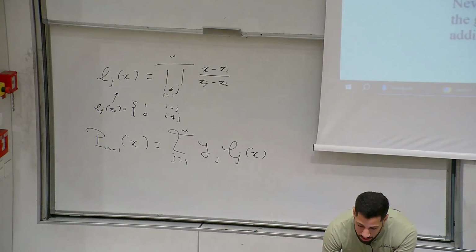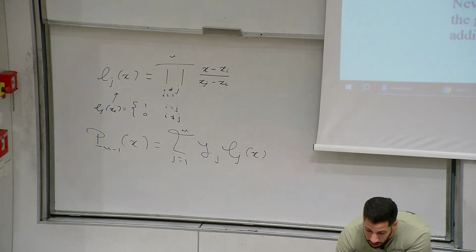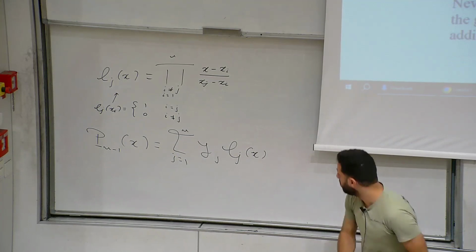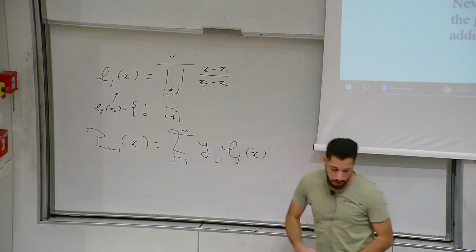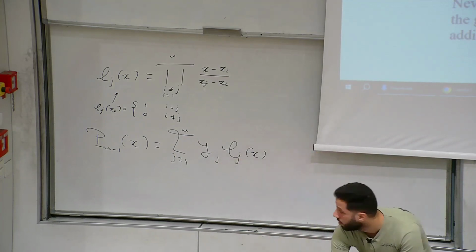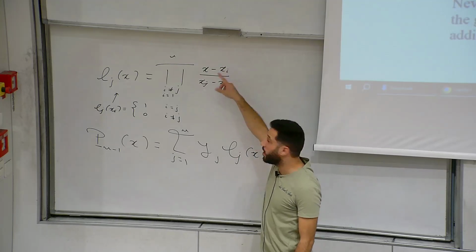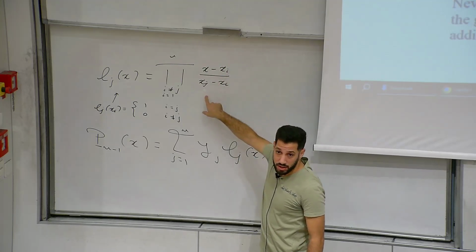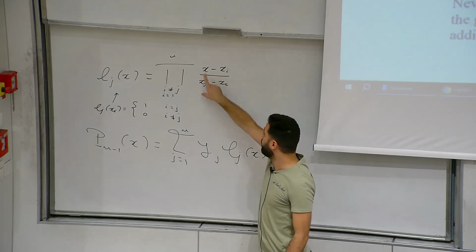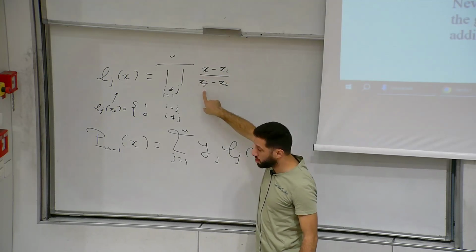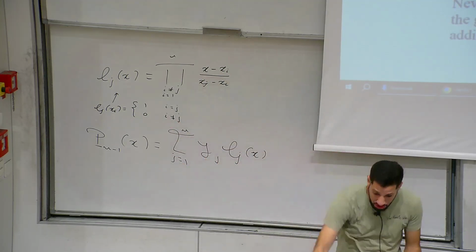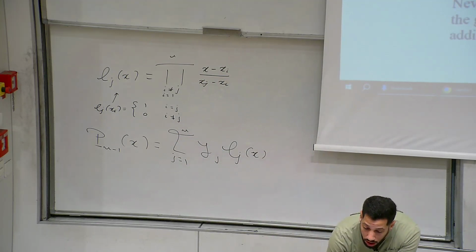So these are the points. At 0 the function is 4, at 1 the function is 0, at 2 the function is -2. So we have this value 4 multiplied by the product of x minus xi over xj minus xi, except for the first one, so we don't run over this 0.